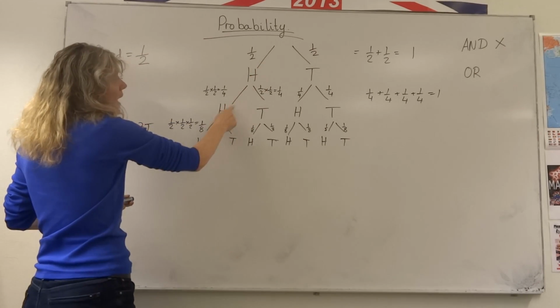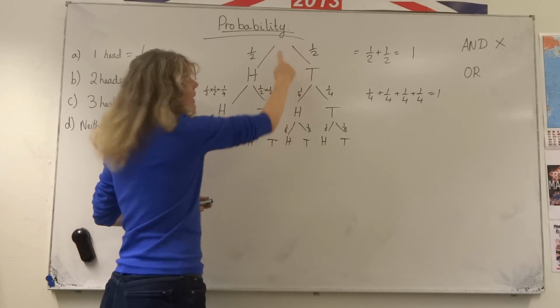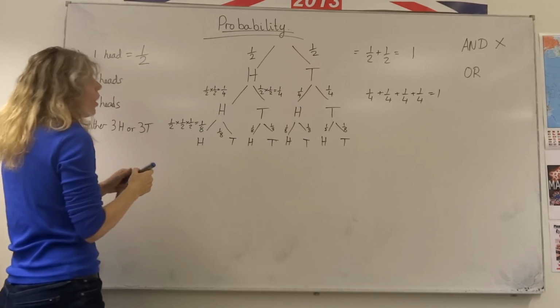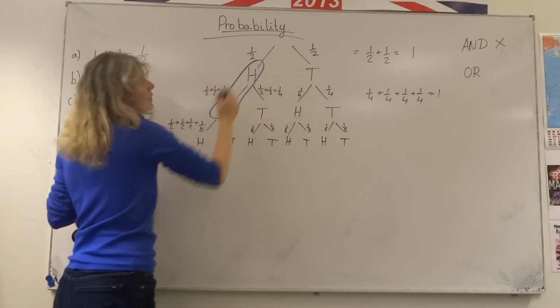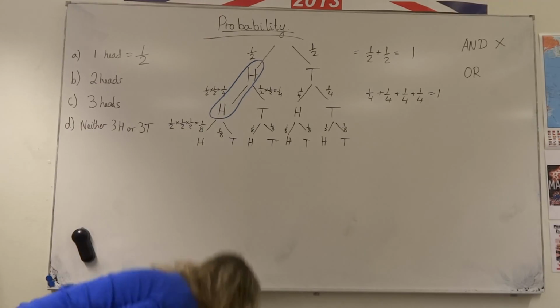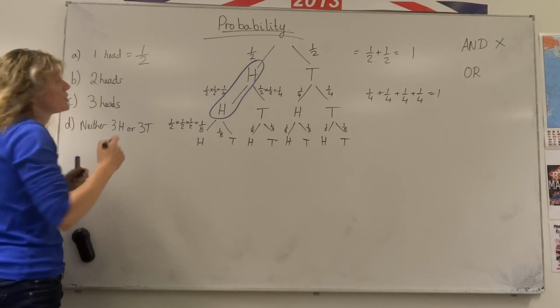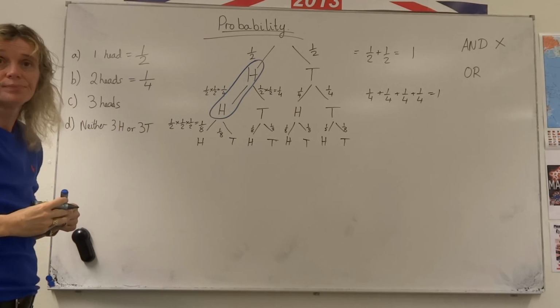Here I get a head and head, but here I don't. I go head, tail. Here I go tail, head. And here I go tail, tail. So there's only one place where I get head, head, and it's this one. One time. And the chance of me getting that one is, I know, 1/4. So the chance of me getting 2 heads is 1/4.